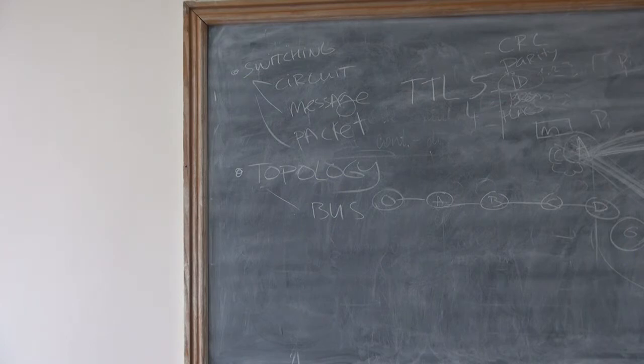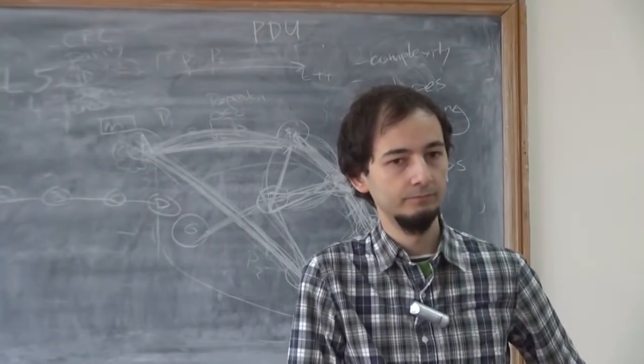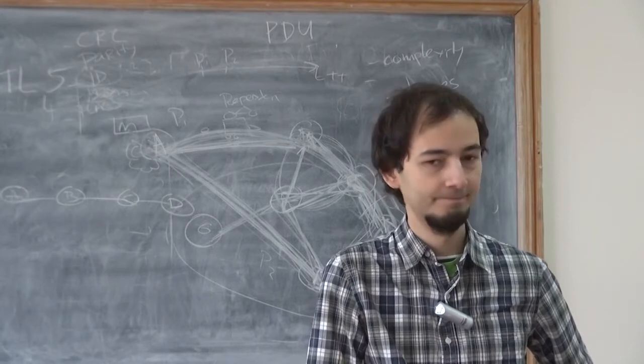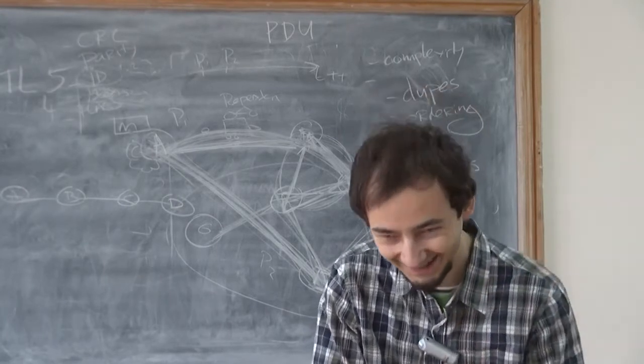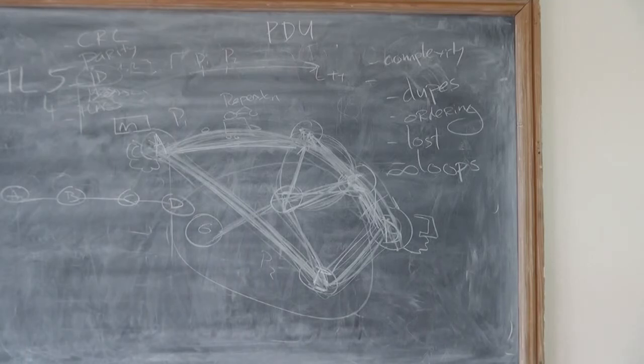One single channel, you know that you have just one channel and you go through it. What are the disadvantages? One single channel. There won't be loops. Okay, there will not be loops. Is it a disadvantage or an advantage?